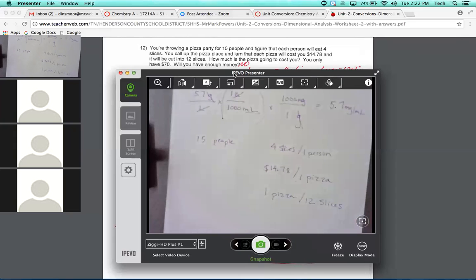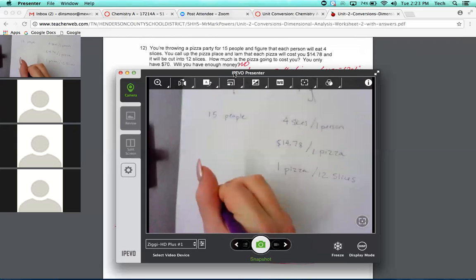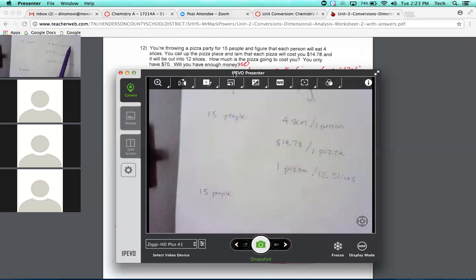Okay, so basically what we're going to be doing here, if we want to think in terms of units, is we're going to be converting from people into money. Eventually we want to know how much money this is going to cost. So we're going to start off with our 15 people. And we want to look at the information we know.